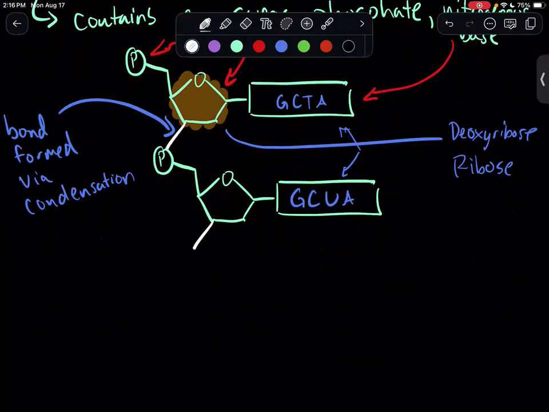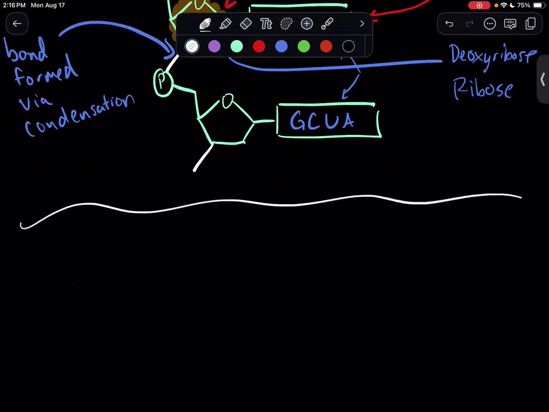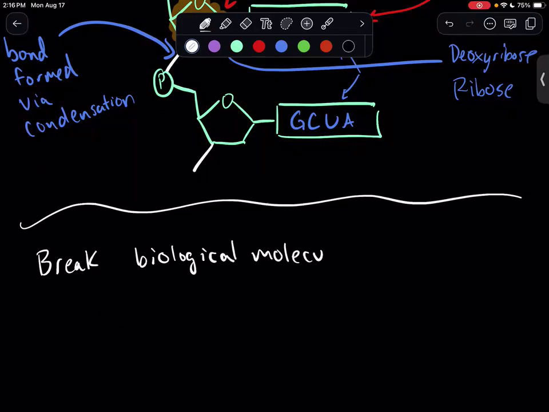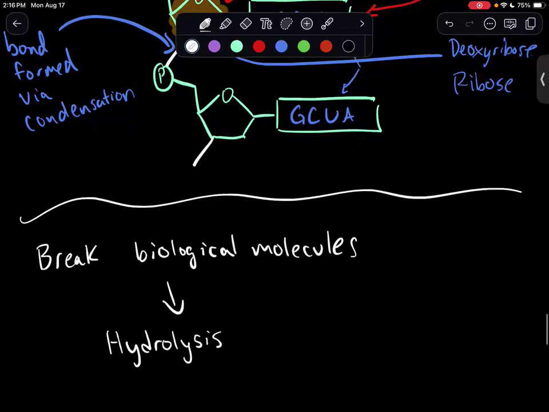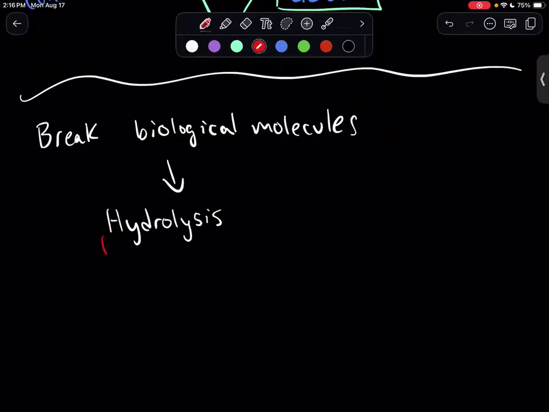The very last thing I'm going to talk about here is how do we break bonds? Because we use condensation reactions to build those bonds, but to break biological molecules, we use what we call hydrolysis, which is just a very fancy way of saying water, hydro, break, lysis.